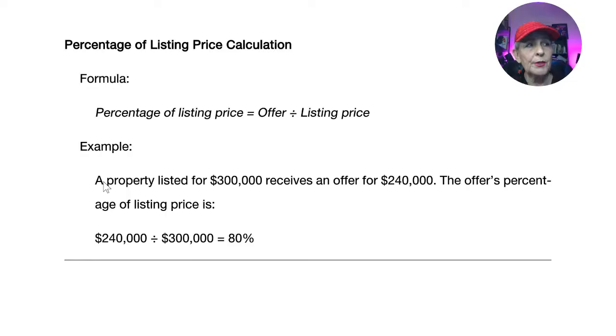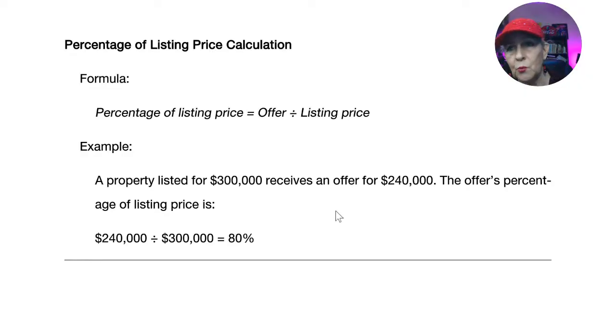So an example: the property was listed for $300,000, and receives an offer for $240,000. The offer's percentage of the listing price is $240,000 divided by $300,000, which gives us what? 80%, or 0.8 in decimal.